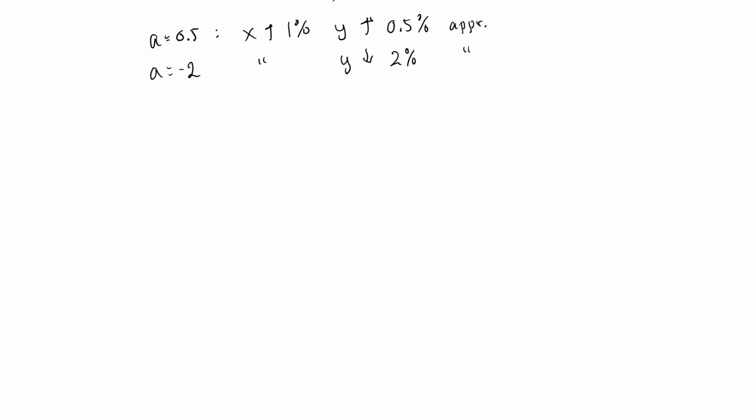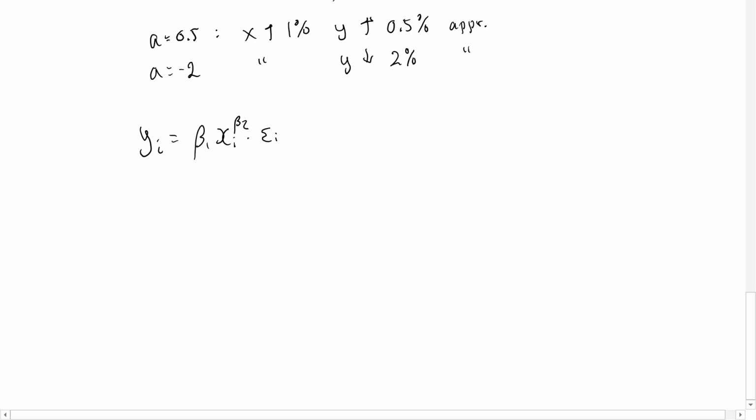So going back to our model, where y i is beta 1 x i to the beta 2 times epsilon i, and we have this conditional expectation of y given x. Let's drop the subscript, generic observation, then this is beta 1 x raised to beta 2. So this is like my f of x function in the above exercise, and this is like my y in the above exercise.